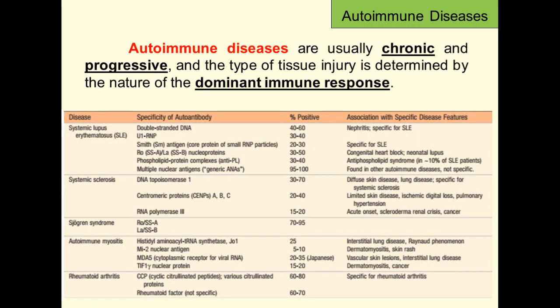Autoimmune diseases are usually chronic and progressive. Unfortunately, there is mostly no treatment. The only pathogenetic treatment that we really have is that we use corticosteroids just to depress the immune response.